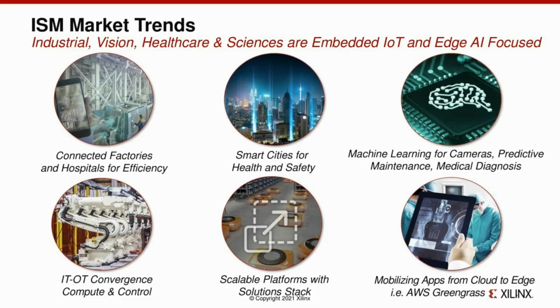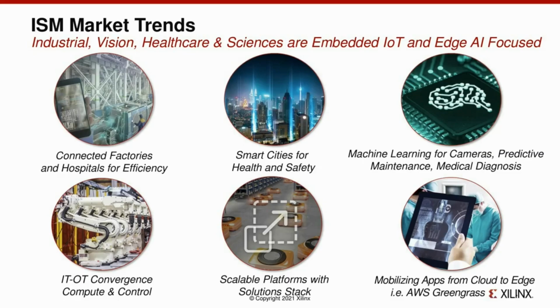So when you look at ISM, or industrial, scientific, medical, which also includes vision, healthcare, and sciences, these are some of the market trends that Xilinx looks at when we are developing our products and solutions. So our innovations are typically intended to meet these trends. For example, when you look at connected factories or connected IT and OT, that operation technology convergence that is happening right now, we have developed several products and IPs related to these platforms.